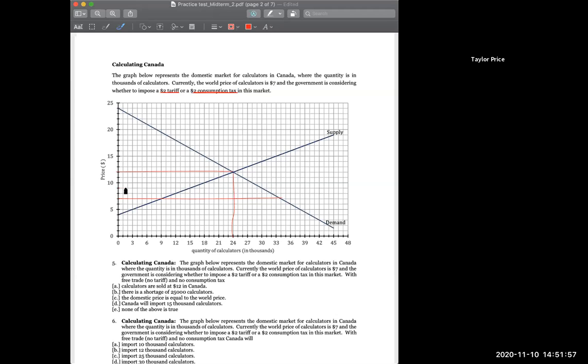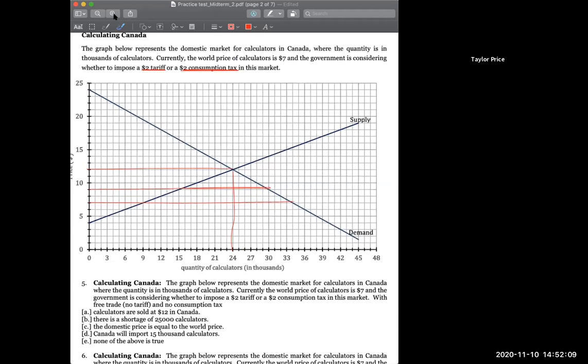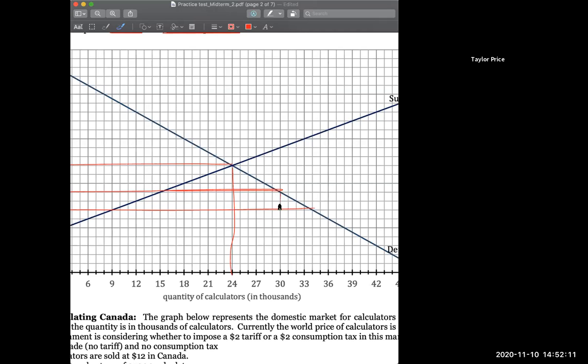And if we do that, this is the new line. So we can kind of see here that we have the deadweight loss triangles at this point and at this point.